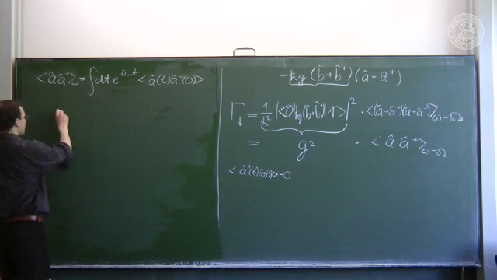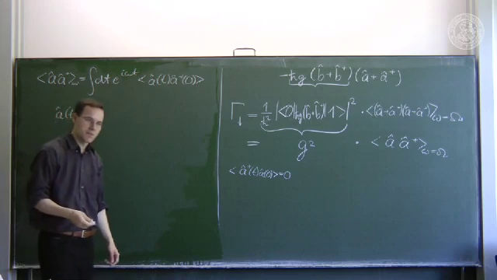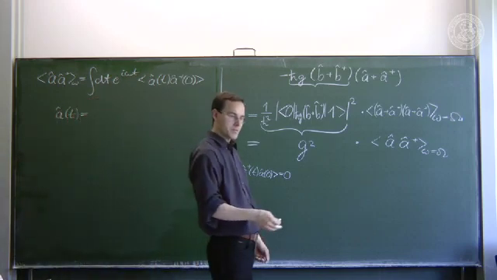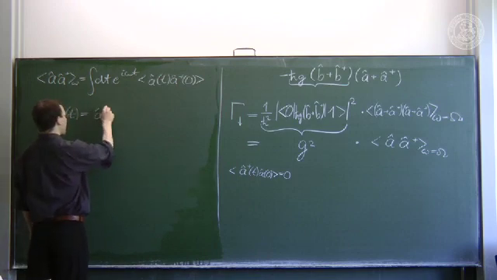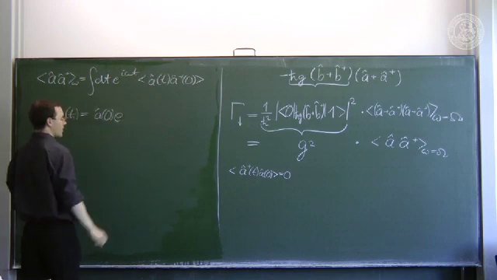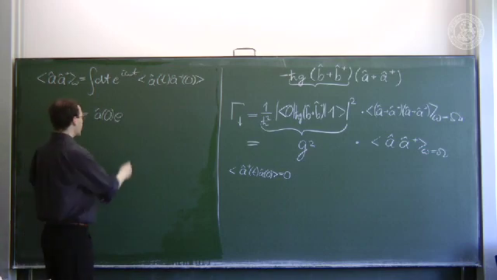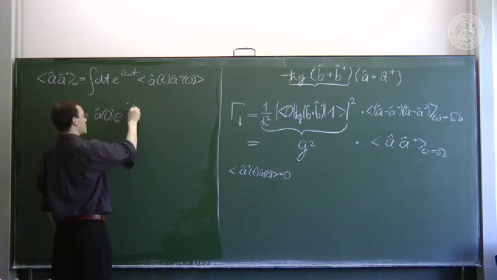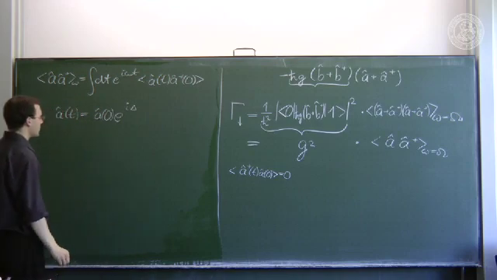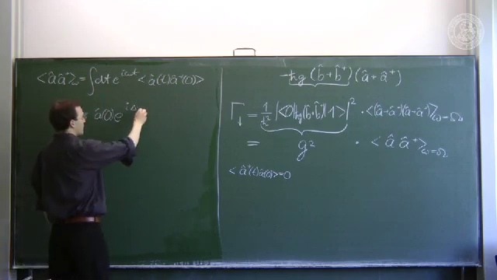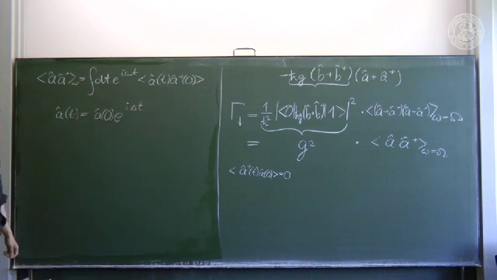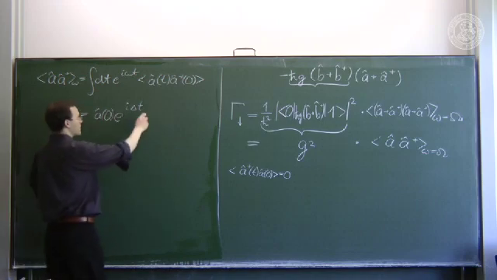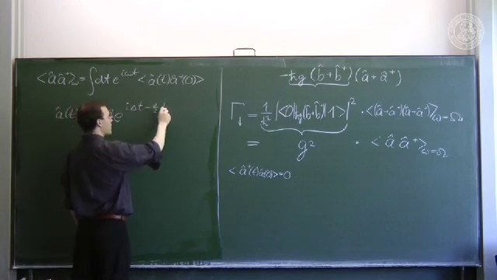Now with respect to a of t, I wrote down the Heisenberg equation of motion, including this damping term. Yeah? So a of t is really a of 0 times, well, in the absence of damping there would be this simple oscillating phase evolution e to the i delta t, but then there is some damping with a rate kappa over 2.